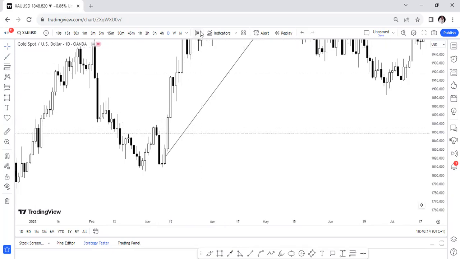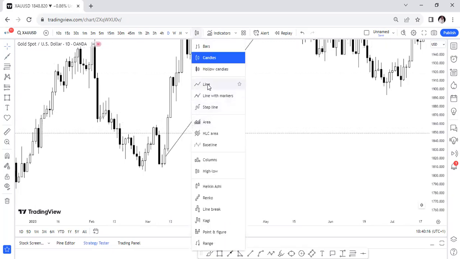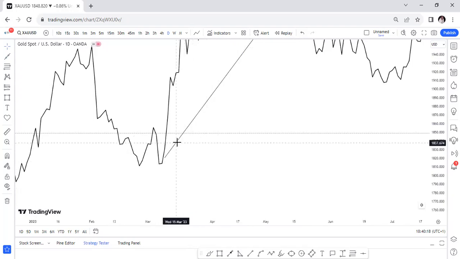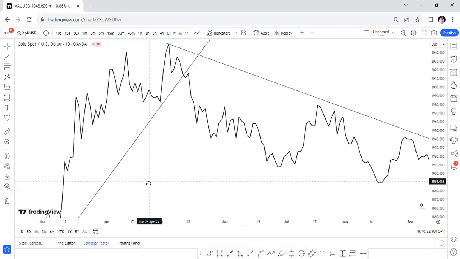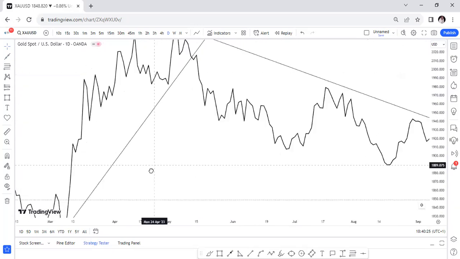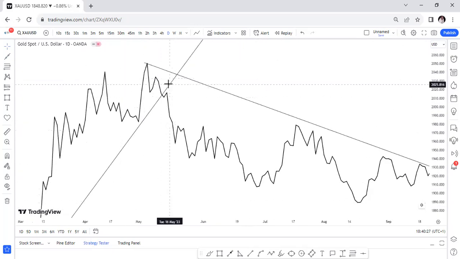If you change this to a line chart, we can see this thing very well.